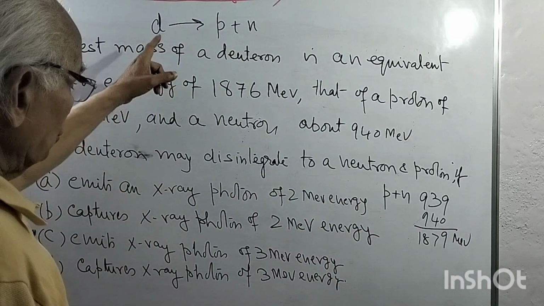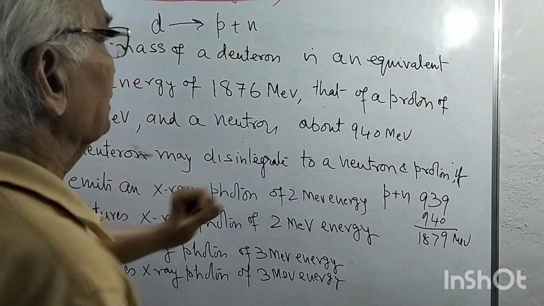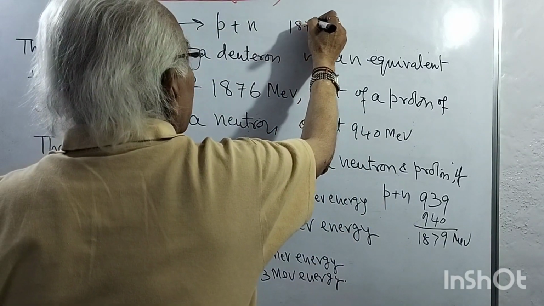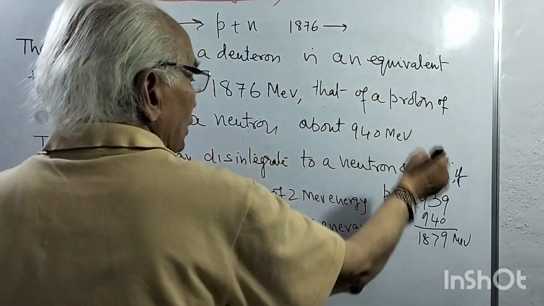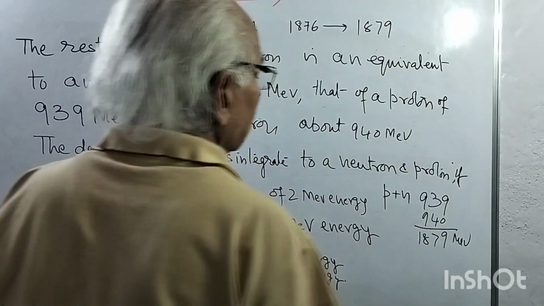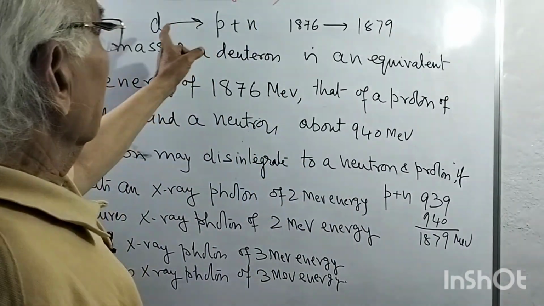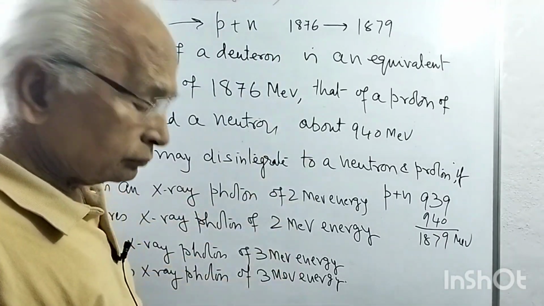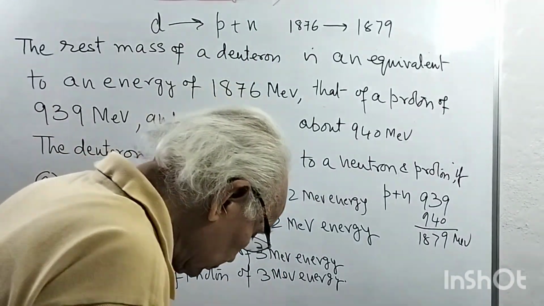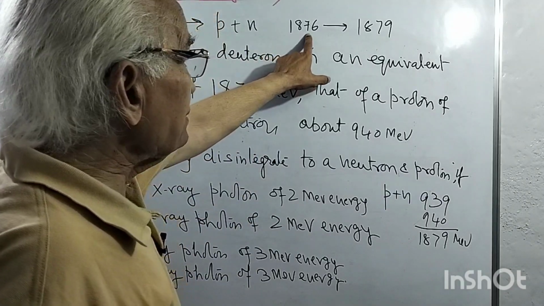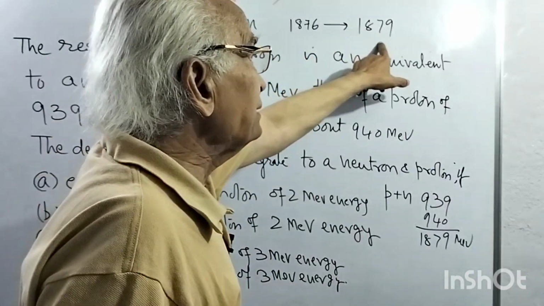We have deuteron 1876. So the energy equivalence is 1876. This side we have 1879. This disintegrates to proton and neutron. And remember that energy is 1876. We require 1879.